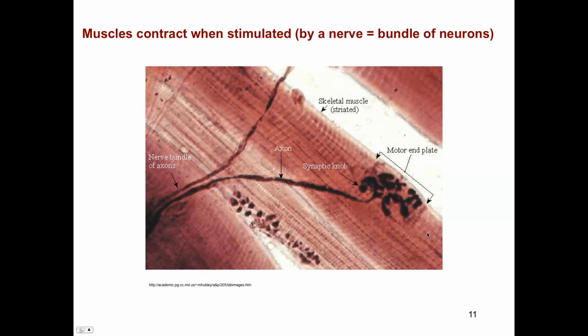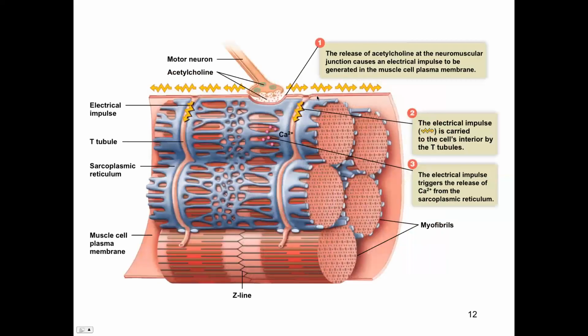And what will happen is that the neuron, which has an electrical charge running down the axon, and we'll go over that later in the semester, comes down here, and there's a space here. So the electrical stimulation does not jump from the neuron to the muscle cell. What ends up happening is that the neuron releases neurotransmitter, and that then binds to receptors on the muscle cell that then starts this whole electrical transmission again.